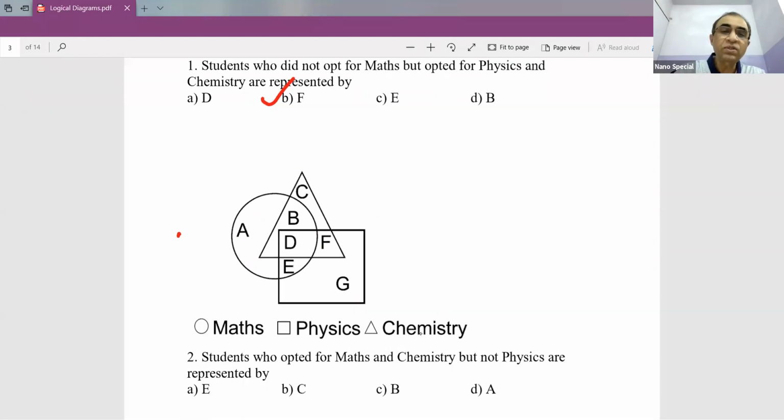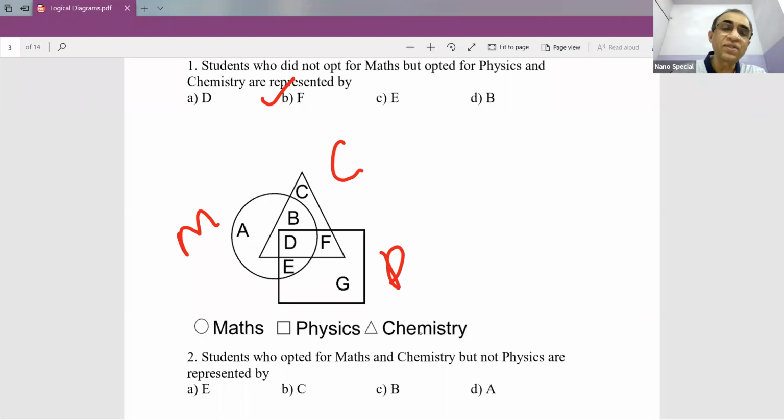So this is maths. This is chemistry and this is physics. Maths and chemistry, but not. Yes, I want the answers. Anaga has answered, Shreya has answered, Ruchita has answered, Rishita has answered. Very nice.